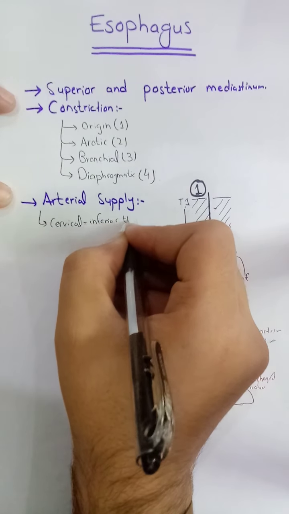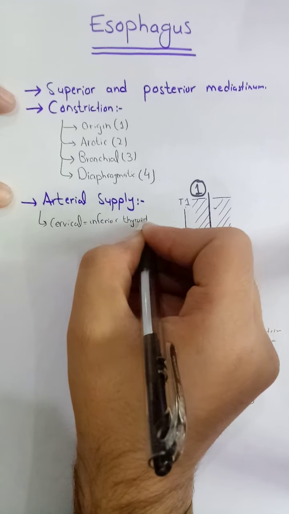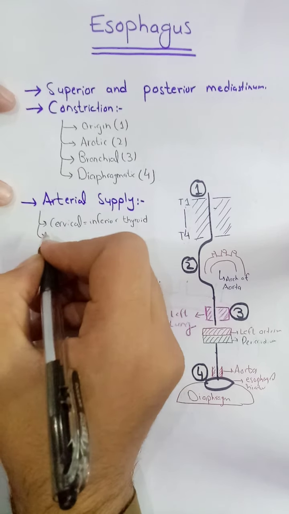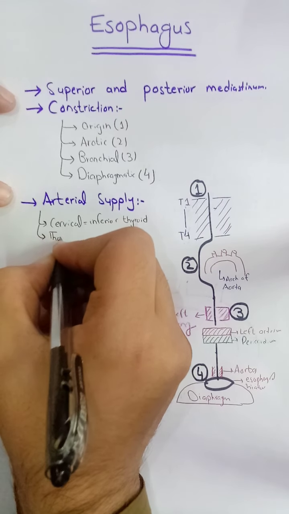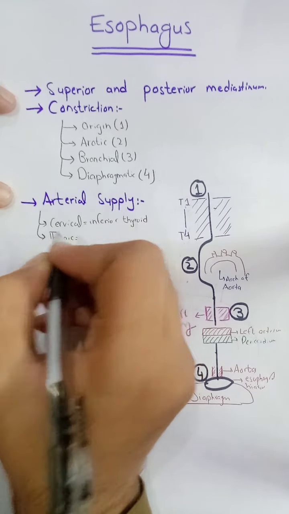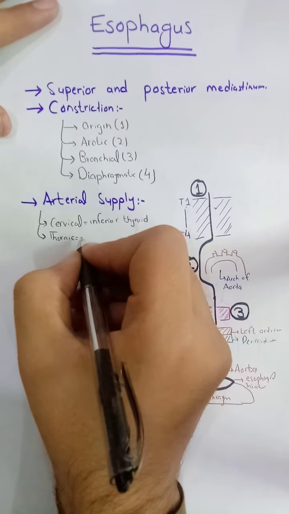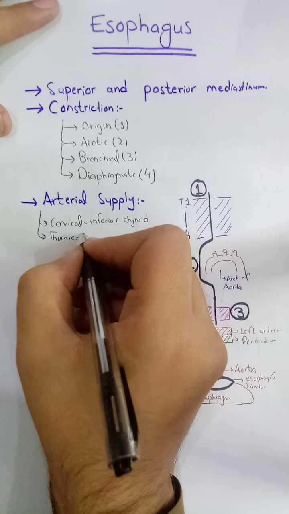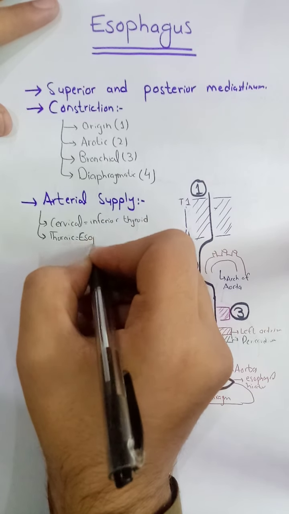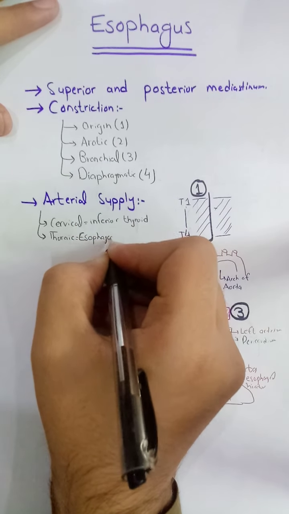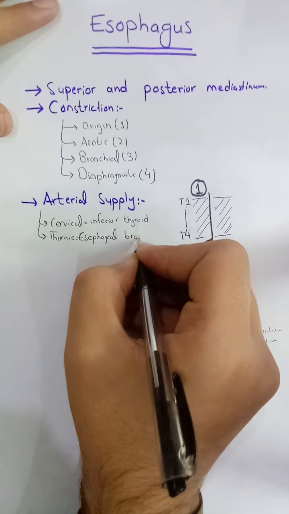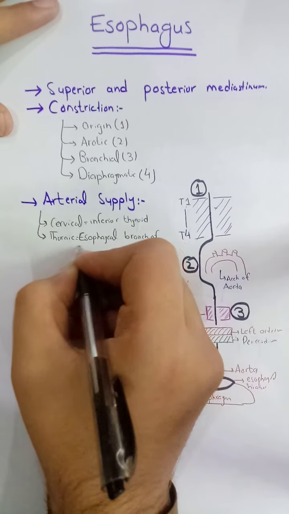The thoracic part is supplied by the esophageal branch of the thoracic aorta.